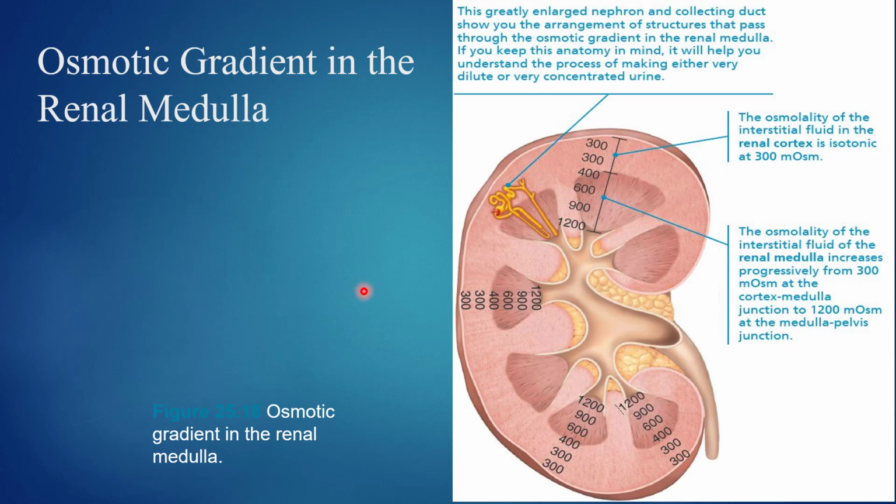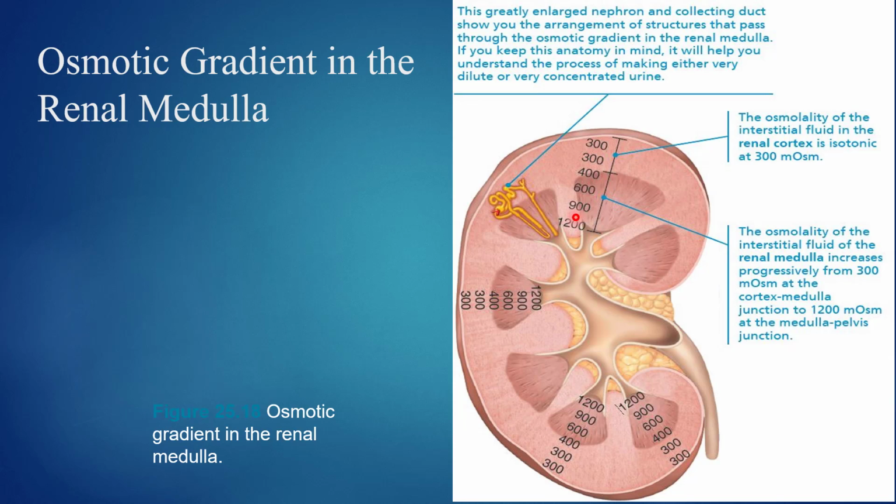The renal medulla, and it's actually the middle of the kidney. Take note that right there in the middle of the kidney itself, you have an osmolarity that is really high, 1,200 milliosmol.